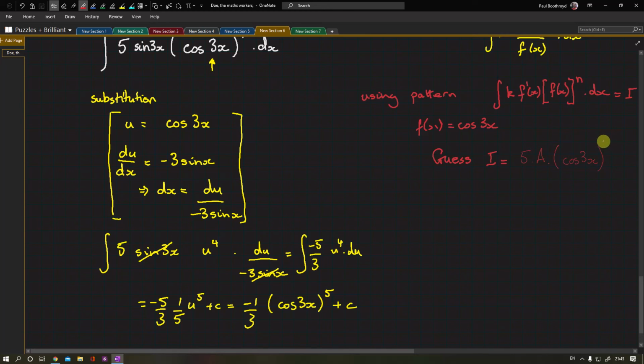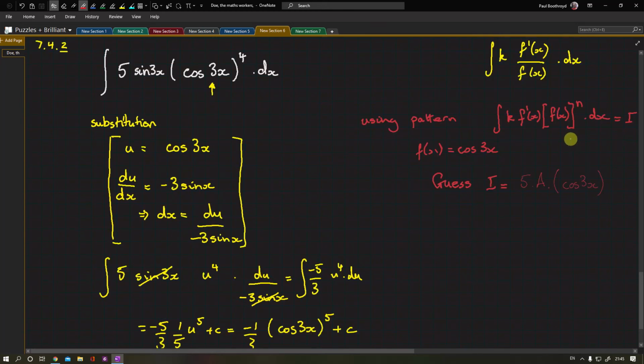So instead of having the cos to the power 4, we try cos to the power 5. And what we're going to do is use differentiation of this function to see how it matches to this pattern. So we're going to differentiate I with respect to x. So we get the 5a.